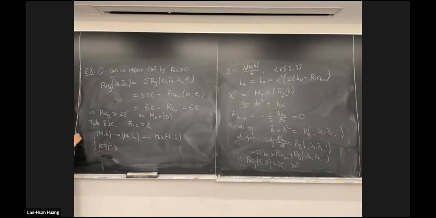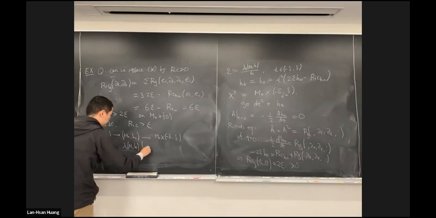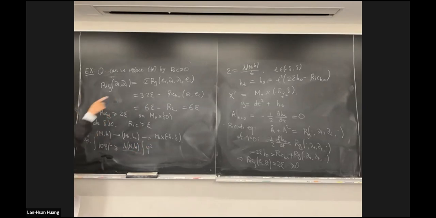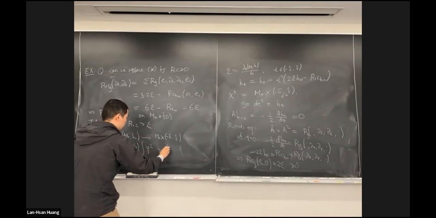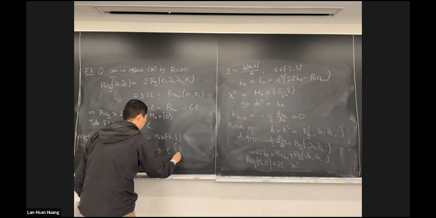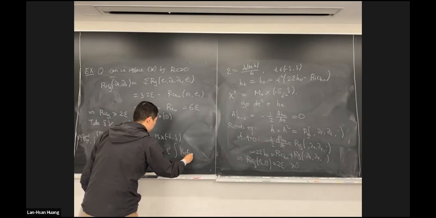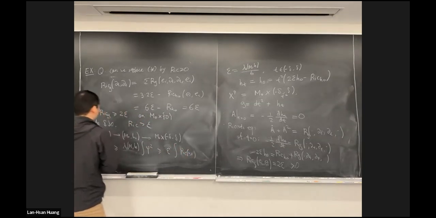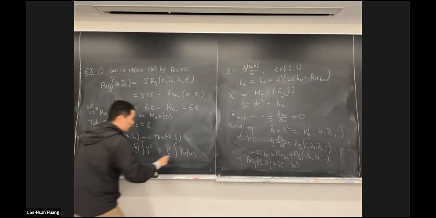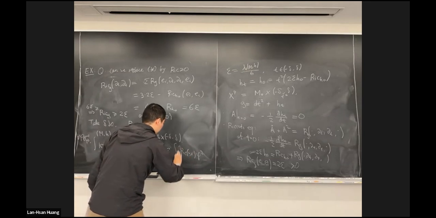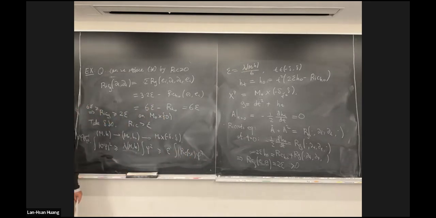So for every compactly supported C1 function phi, this is bigger than or equal to lambda 1 times phi squared. But remember, we take epsilon to be lambda 1 over 6. Right? So this is larger than or equal to epsilon times the Ricci of nu, right? Ricci is between 2 epsilon and 6 epsilon, okay, times phi squared. Okay, so it's stable.